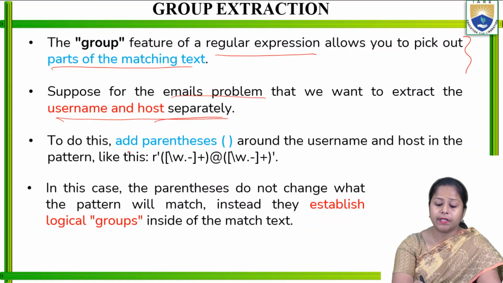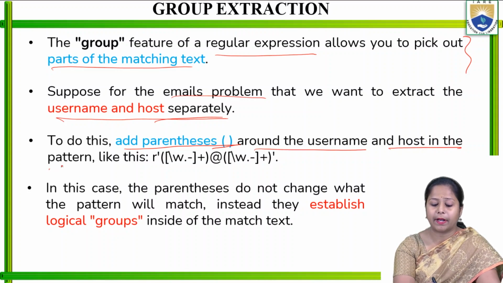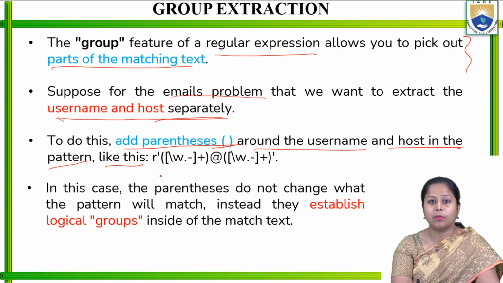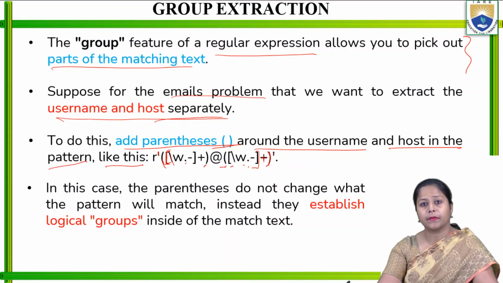To do that, we need to add parentheses around the username and host in the pattern. So we write r, then quotes, then parentheses with square bracket \w . - square bracket close plus, close parentheses, then @, then parentheses with square bracket \w . - square bracket close plus, close parentheses, and then the closing quotes.